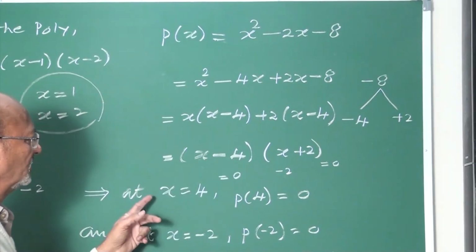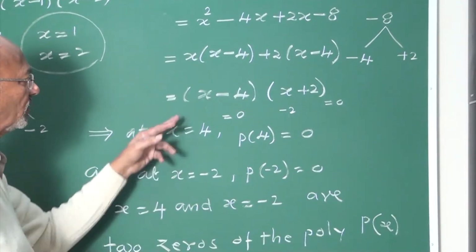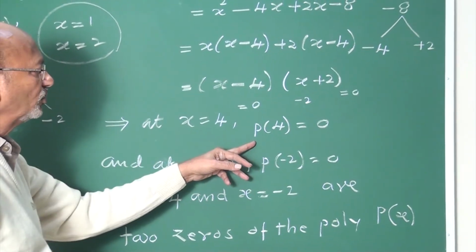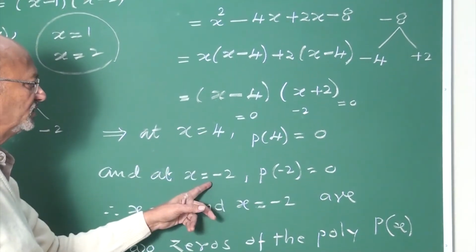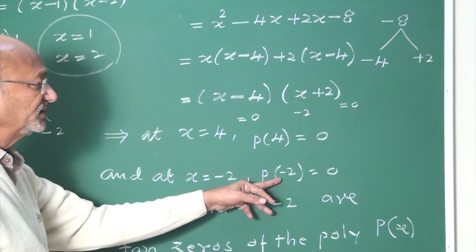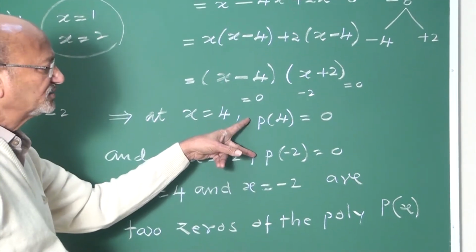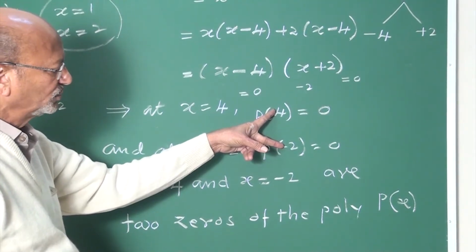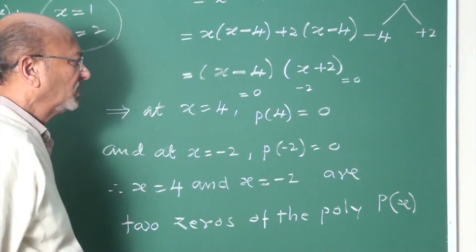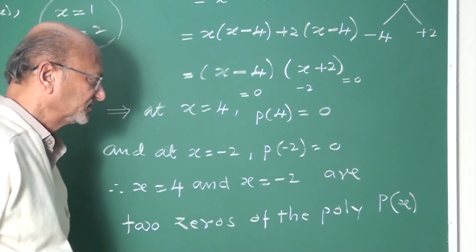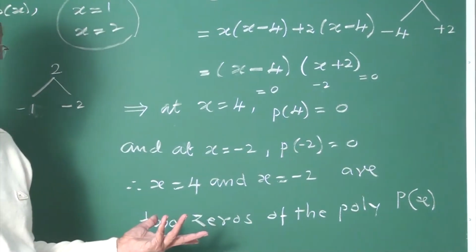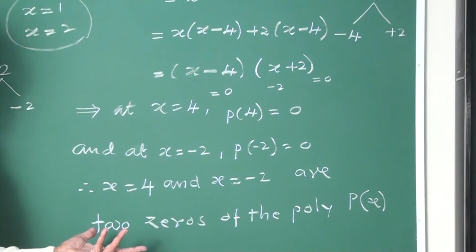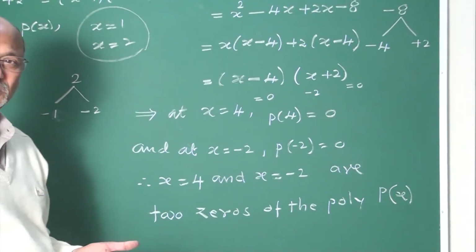At x equal to 4, by putting x equal to 4, p(4) becomes 0. Putting x equal to minus 2, p(minus 2) becomes 0. Then these are the two values of x at which p(x) is 0. They are the zeros of the given polynomial p(x). This is the same method, my friends. I have observed these are two methods in different books.